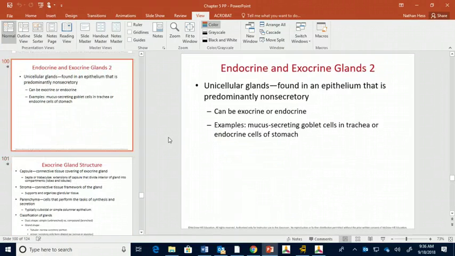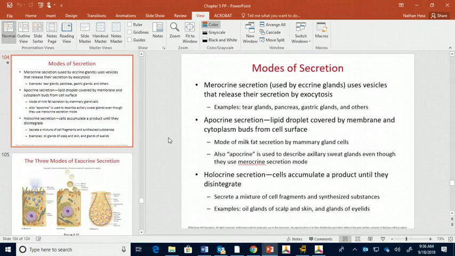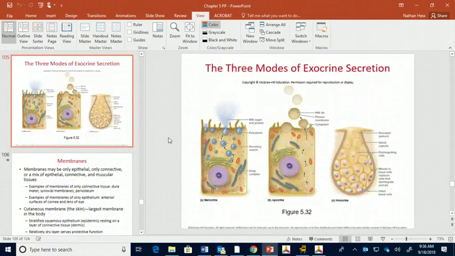There's a whole piece on the structure of these different glands. I'm not asking you to know them. There are three different types of exocrine secretion: merocrine, apocrine, holocrine. Again, I'm not interested in you knowing the differences between these. I just want you to know about glands and about endocrine and exocrine glands. The difference is how the secretion is actually produced.